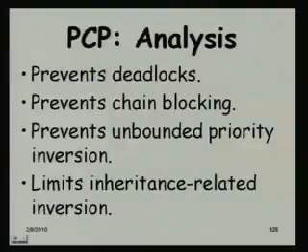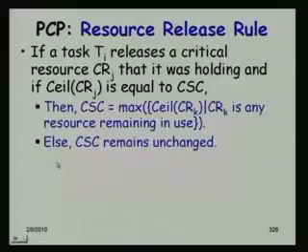And then the inheritance clause. We will see that this will prevent the deadlock situation, it will prevent chain blocking, it will prevent unbounded priority inversion, and it will reduce the inheritance related inversion to a large extent. Cannot say that it is totally eliminated, inheritance related inversion will still be there, but substantially reduced. So, let us look at this.